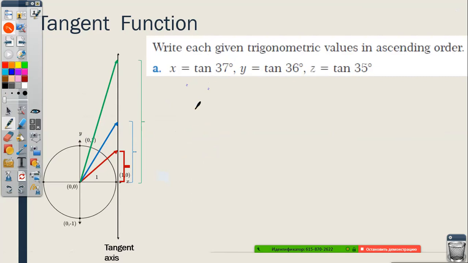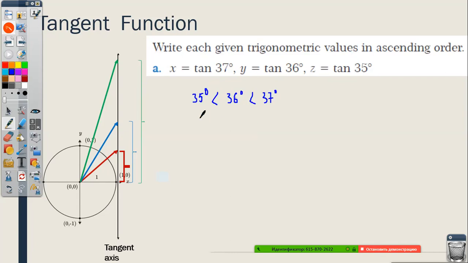So here we need to compare the angles. First, 35 is the smallest one, and then 36, and then 37. As the angle is increasing, tangent is also increasing.